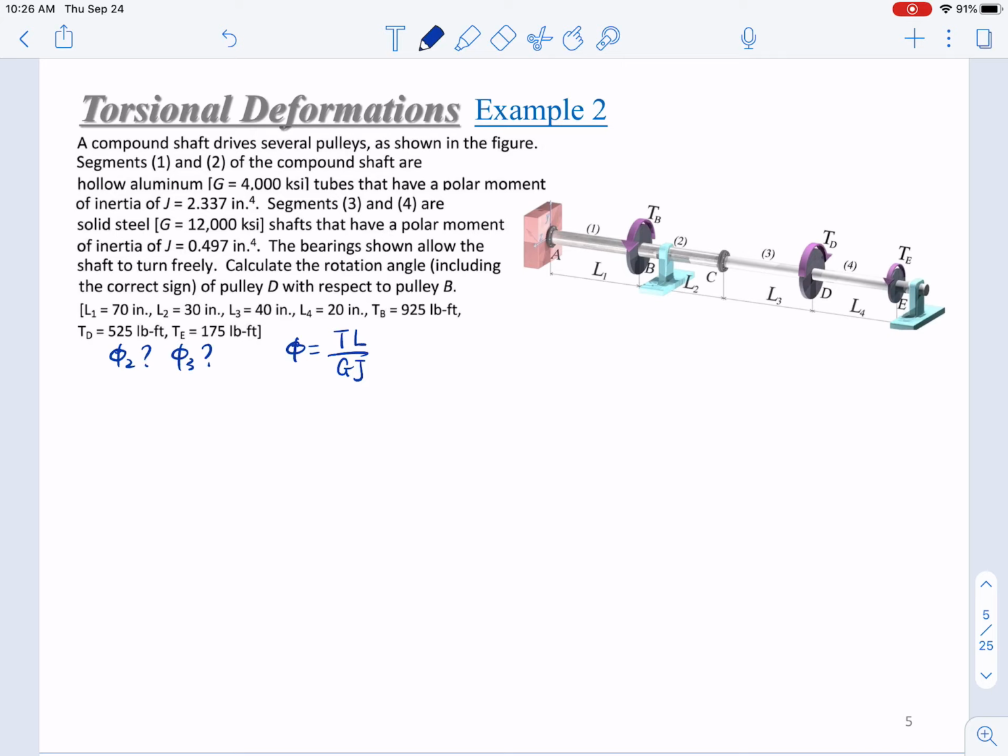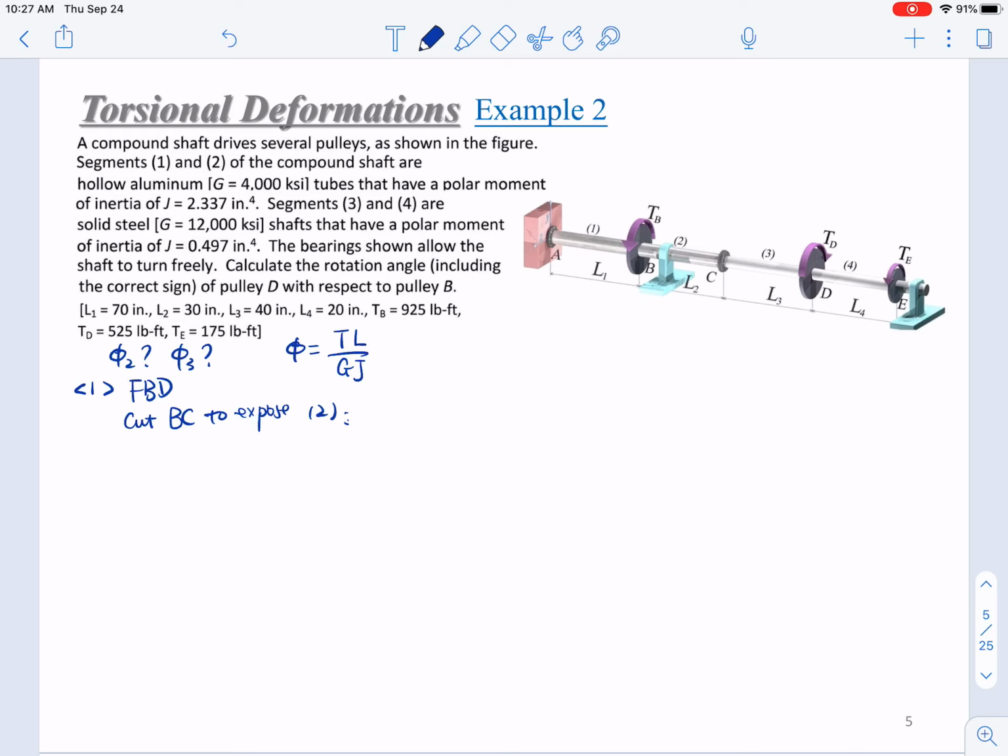So how do we determine these internal torques? Of course, we have to start from a free body diagram. Look at segment 2, segment BC, first. We cut segment BC to expose T2.